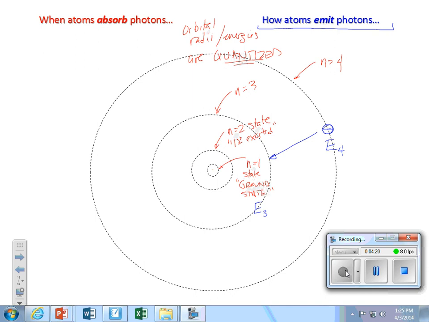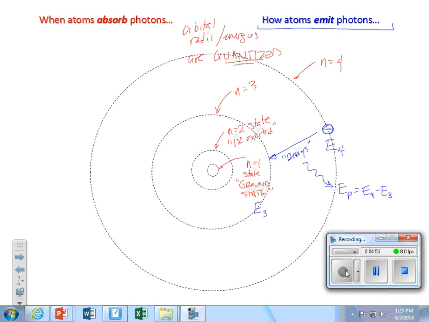And when an electron decays into a lower energy, that energy is released in the form of a photon of a certain energy. And that energy, or the photon, is the difference in the two energies of the orbital it started at and ended at.